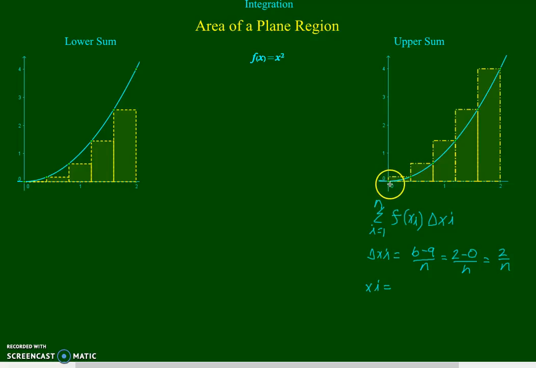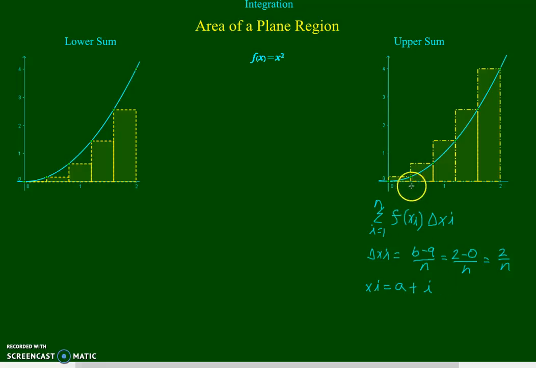In this case we do, but we could be finding the sum of the region starting from whatever our lower limit is. So it's the lower limit plus the index of our current subinterval, which in this case is i. So we're taking the right endpoint of subinterval i.